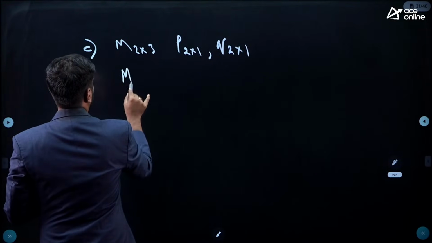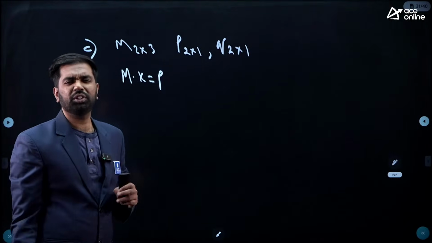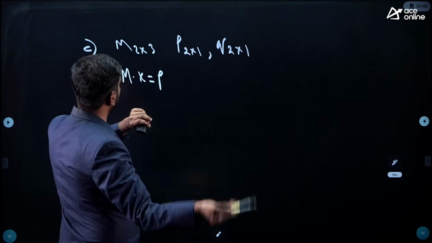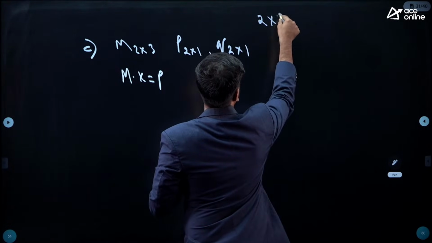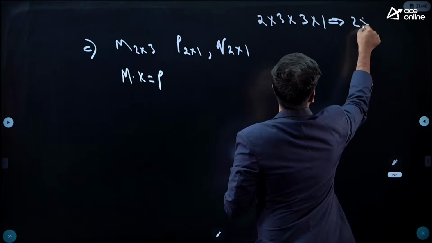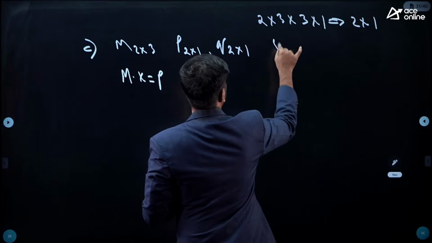Now students, Mx equal to P. I want to know what is the order of x. This is very simple. A 2 cross 3 matrix when multiplied with a 3 cross 1 will give us a 2 cross 1 vector called P.